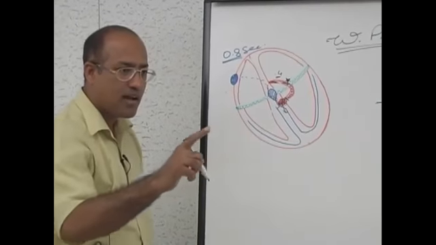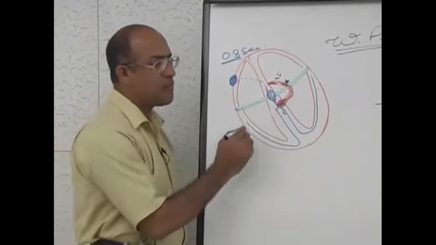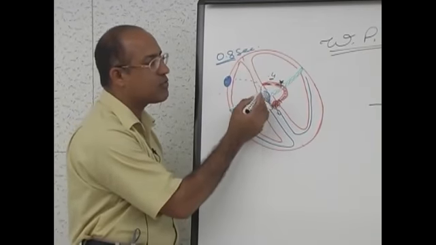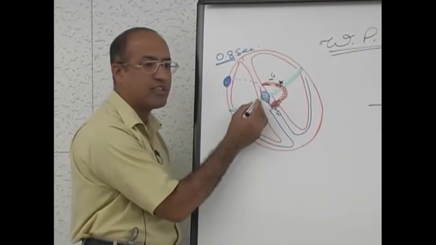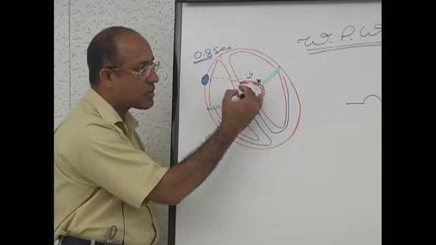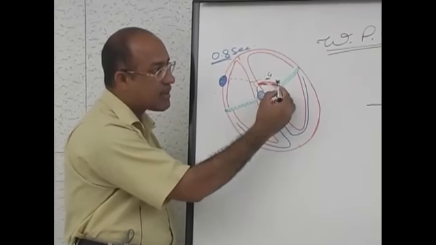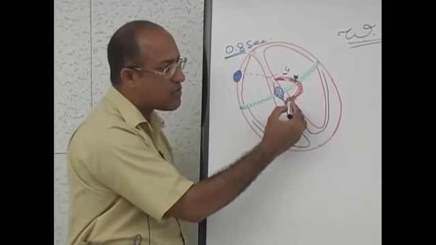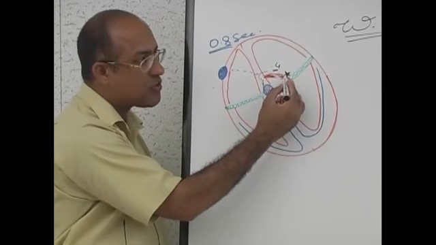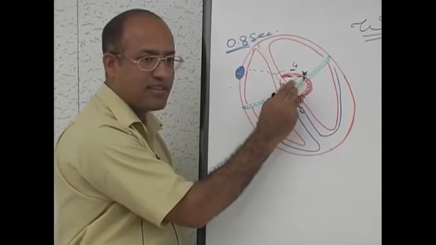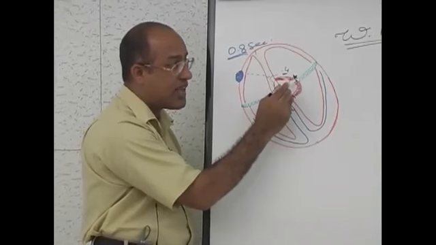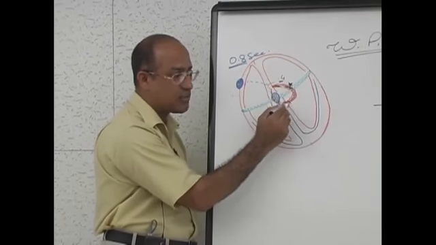Is that right? Now, if this person develops an irritable focus, and this irritable focus is very near to one of these pathways, either very near to this or very near to this, it conducts only through one pathway and does not conduct through the other pathway. Then the impulse which is going through one pathway may re-enter from the other pathway. And by the time it reaches back at the first point, if this point has become out of the refractory period and is excitable, re-entry will start.